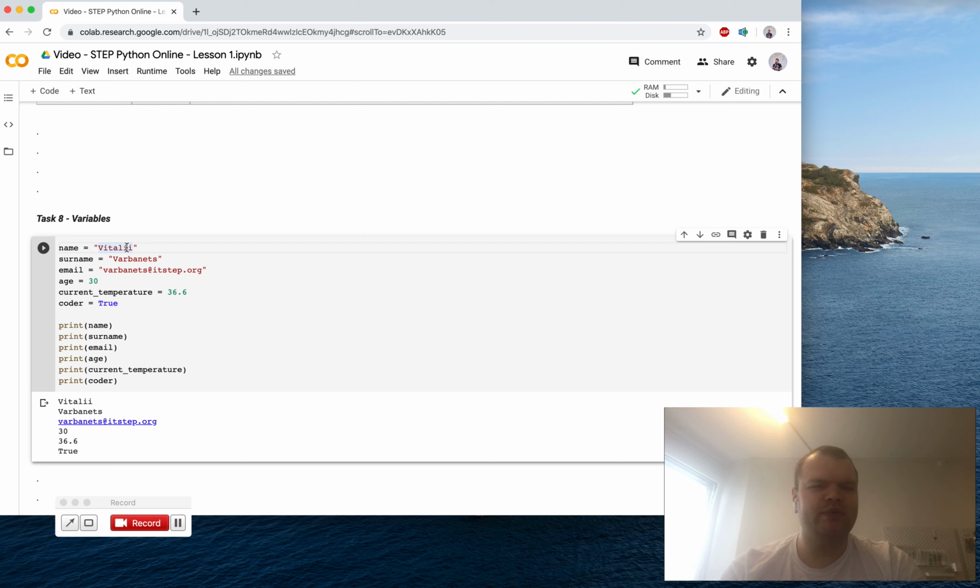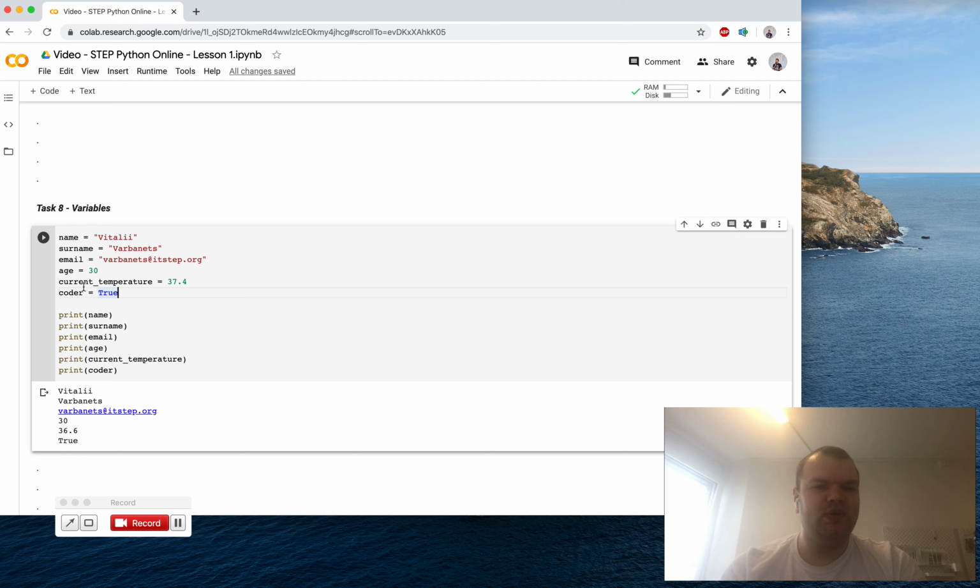So here is a variable: my name, surname, email, age, my current temperature, which is right now probably something around this. And it's true that I'm a coder. So you cannot put how much you're a coder. If I would put something like 50%, this will not be correct. So for Boolean variables, we only have to use true or false.